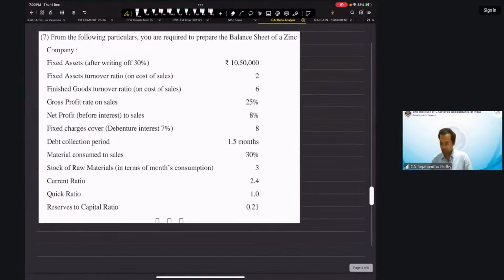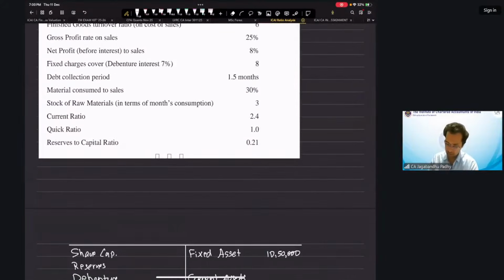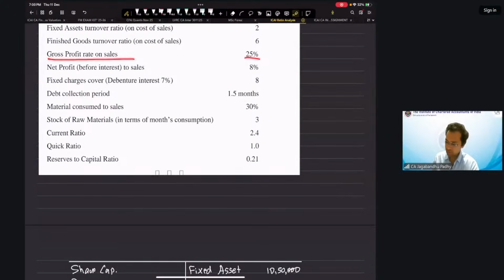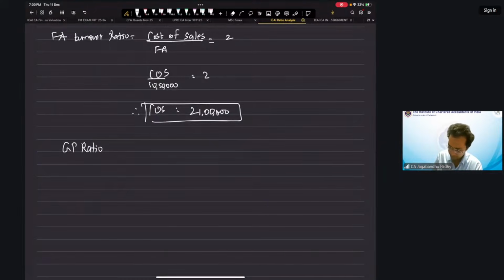Cost of sales is 21 lakh. And then GP ratio on sales is 25%, right? So GP ratio is 25%. Therefore, cost of sales ratio will be 75%.